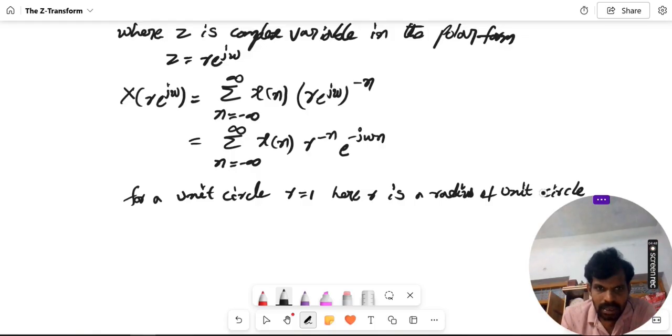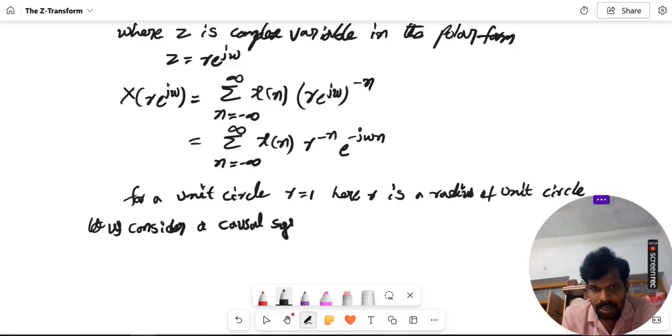In addition to that, let us consider a causal system. A system is said to be causal when the output of the system depends only on present and past values of the input.